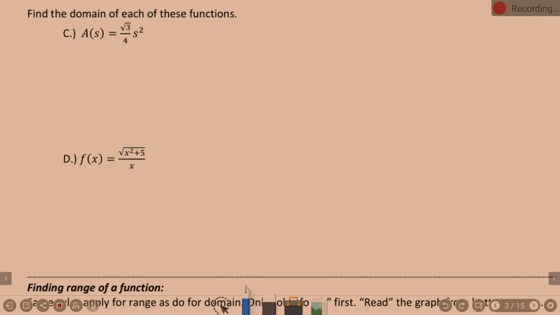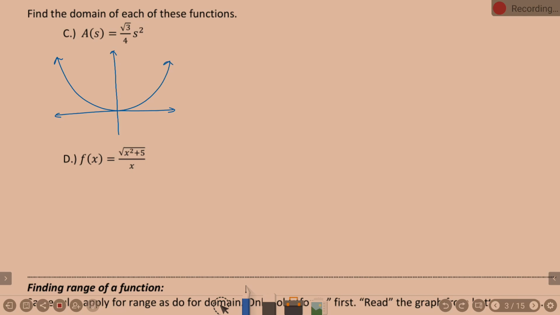Now, what about s squared? What's the graph look like? S squared is a parabola, yes? X squared is a parabola, so s squared is a parabola. This graph is a parabola. The square root of 3 over 4 is just the vertical stretch, I think. But this is just a parabola.